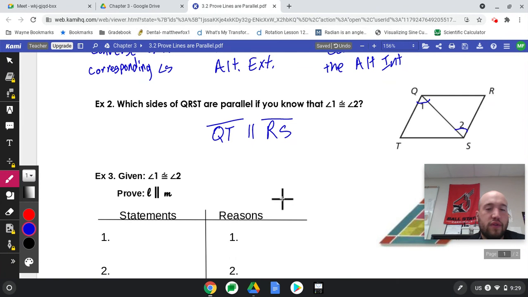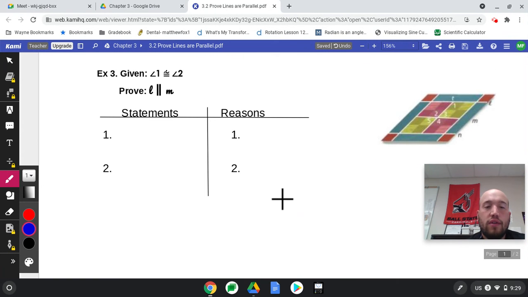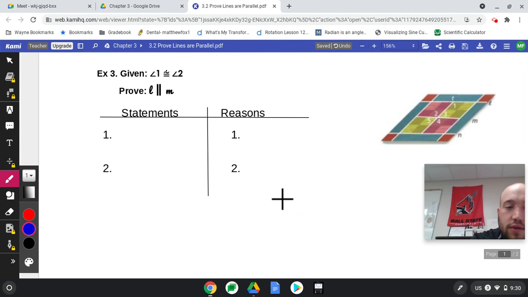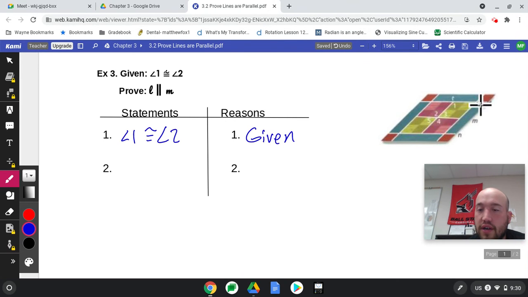Now we have a few proofs to look at. With our proofs, we always start the same way. Angle 1 is congruent to angle 2, and that was given to us. Angle 1 is right here, angle 2 is right here. Our end goal is to prove that L is parallel to M. L is right there, M is right here. Do you see how this white line is our transversal?